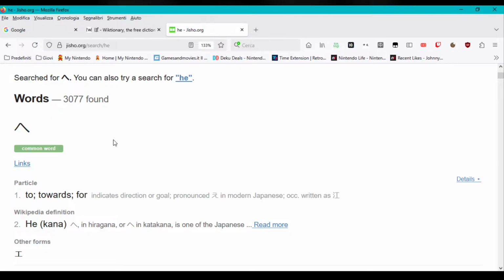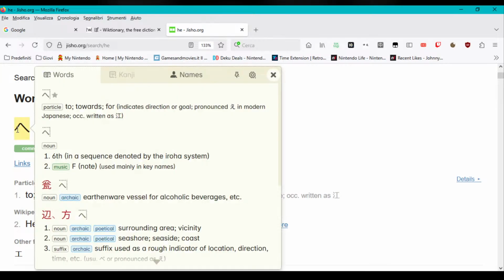Again, that's because of how the Japanese language evolved, but it was kept this way in writing. And yes, this is a particle that means to, towards, and also for, in the sense of to someone.